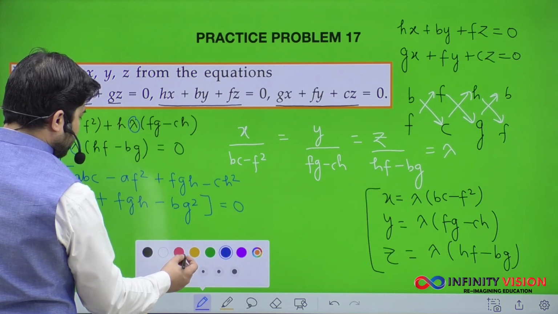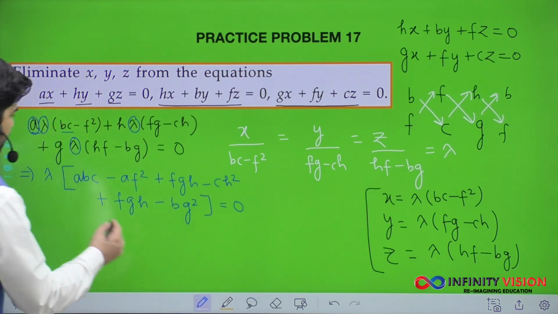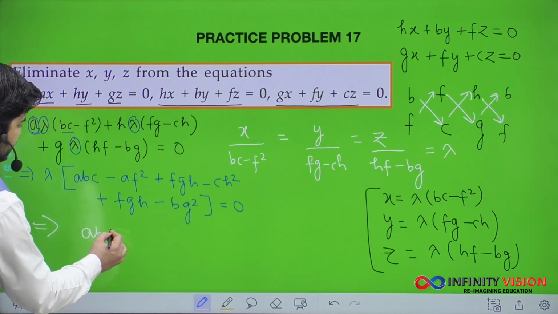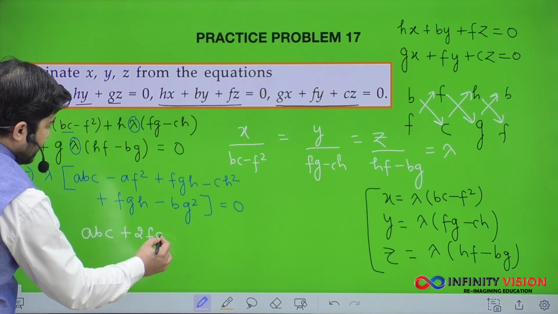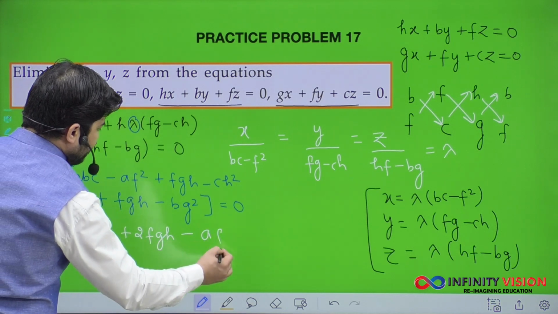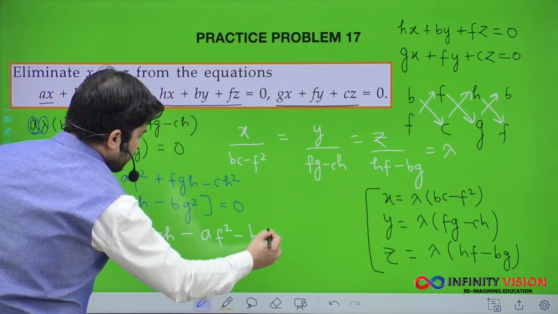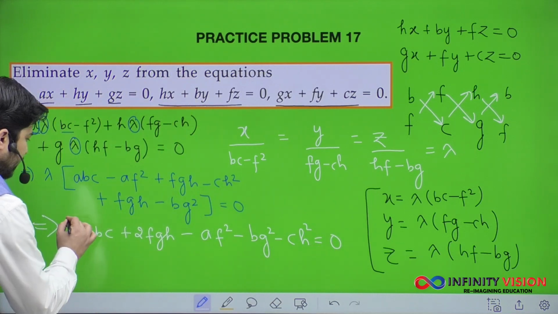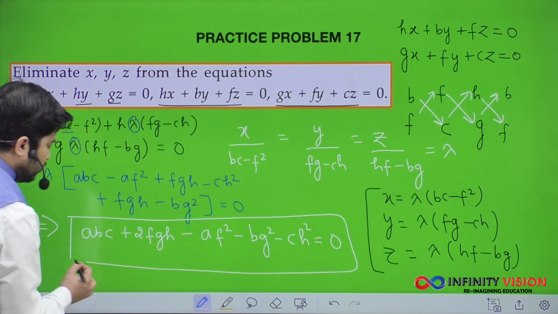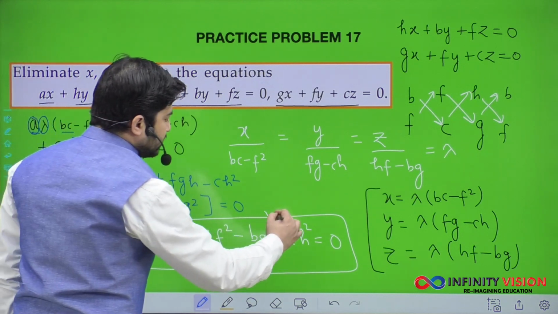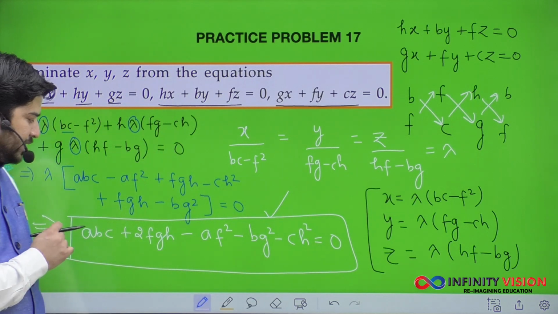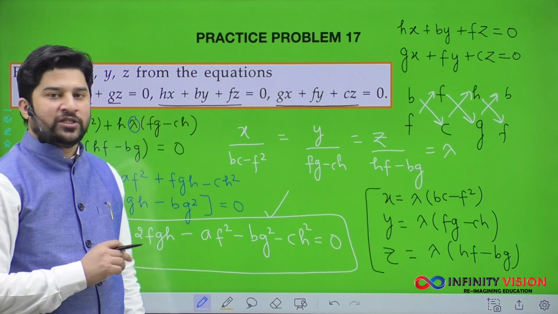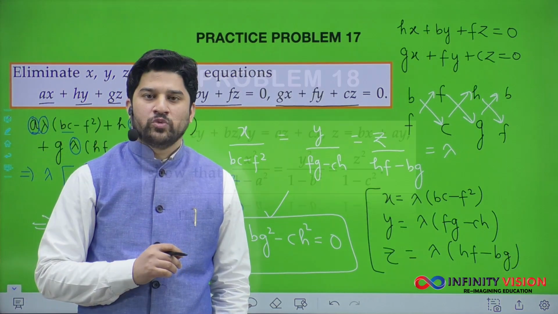So you can say your eliminant is nothing but ABC plus 2FGH minus AF square minus BG square minus CH square equals to 0. So you have been able to eliminate your XYZ, and your eliminant is going to be this expression, that is ABC plus 2FGH minus AF square minus BG square minus CH square equals to 0.